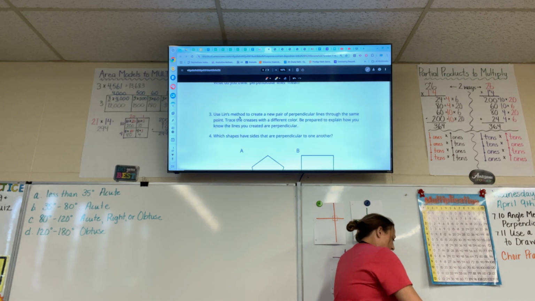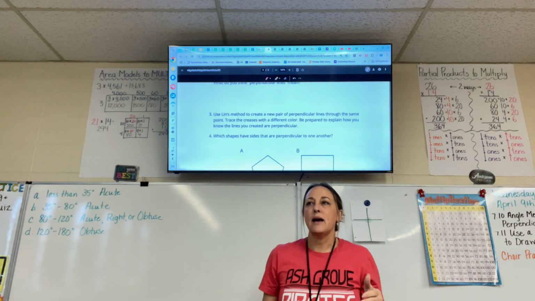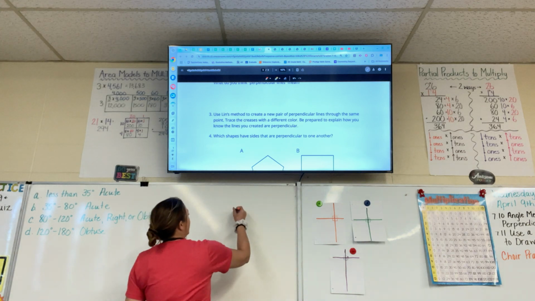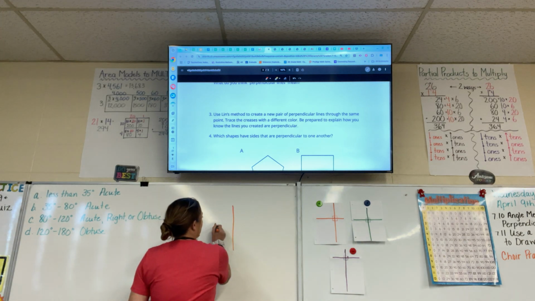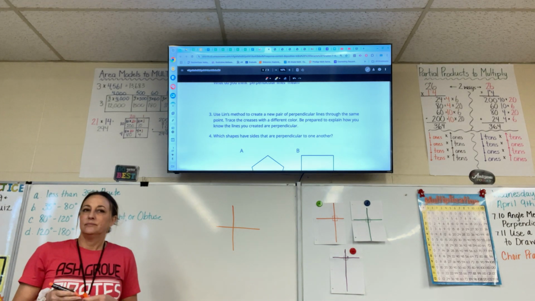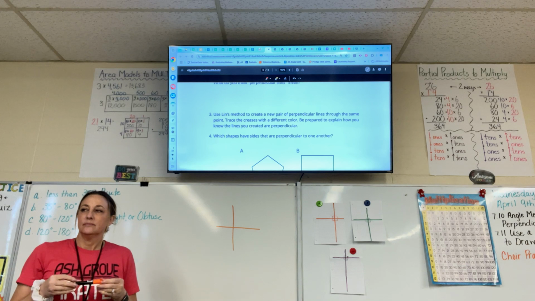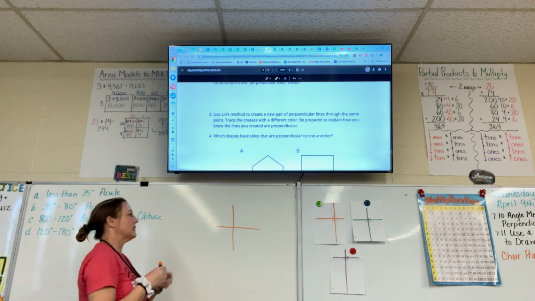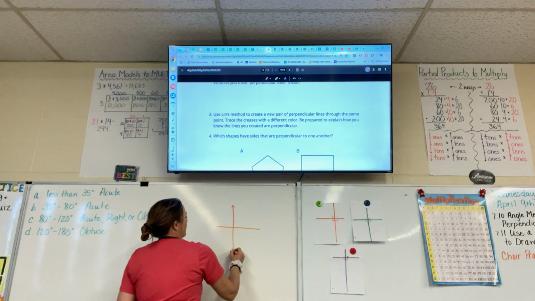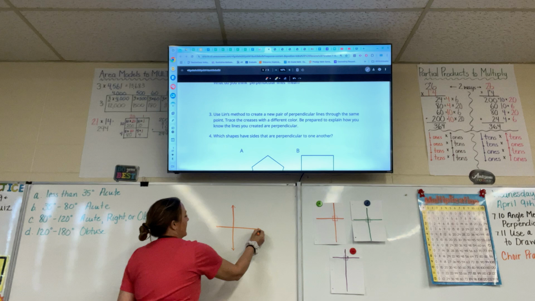Okay. Those lines that form 4 right angles, does anybody remember what those are called? What are these lines or line segments that form right angles?